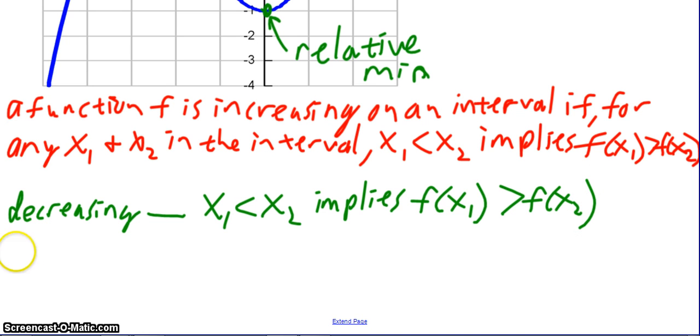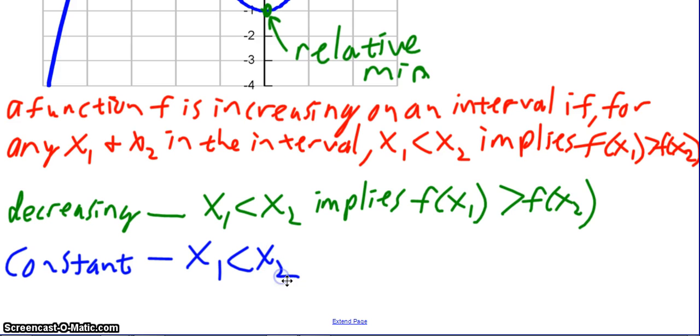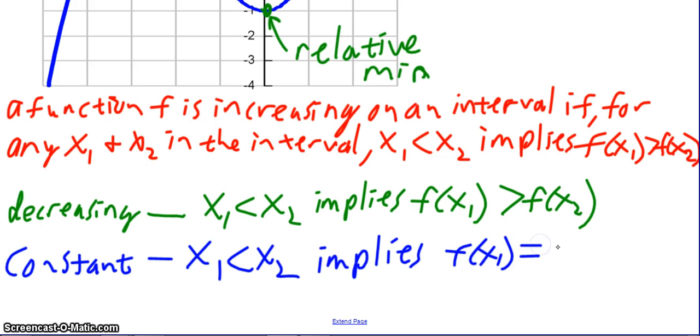And then for constant, same thing. A function f is constant on an interval if for any x1 and x2 in the interval, x1 less than x2 implies that f of x1 equals f of x2.